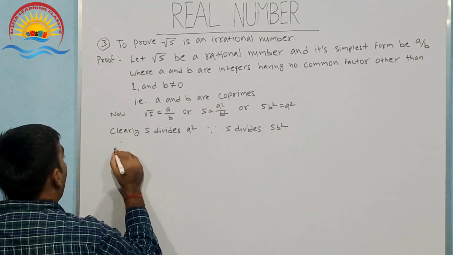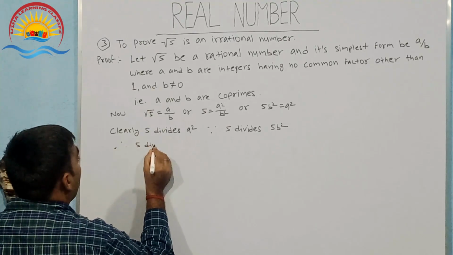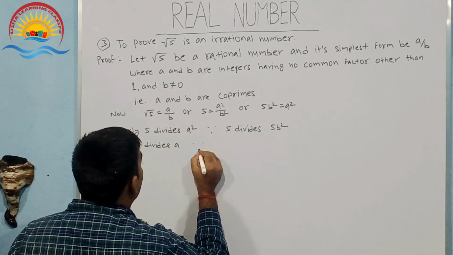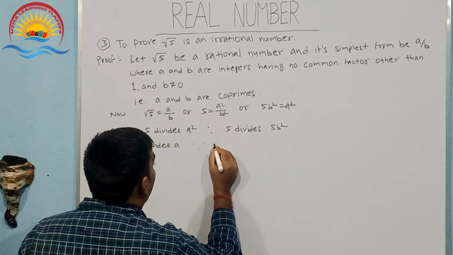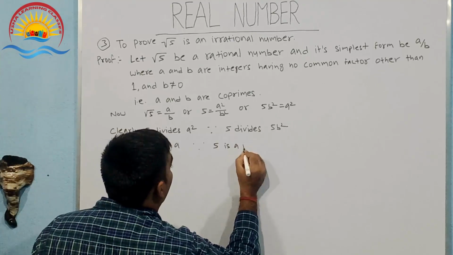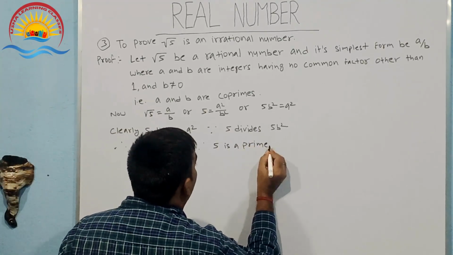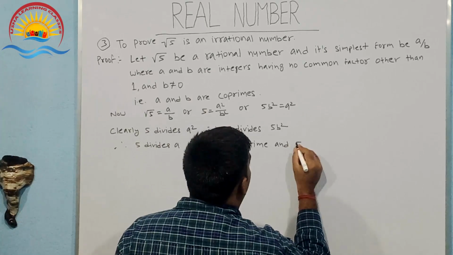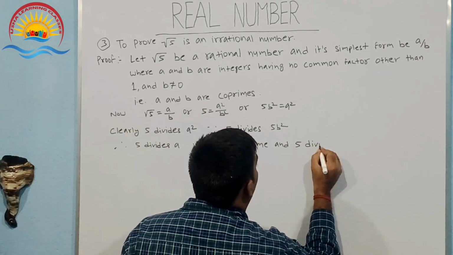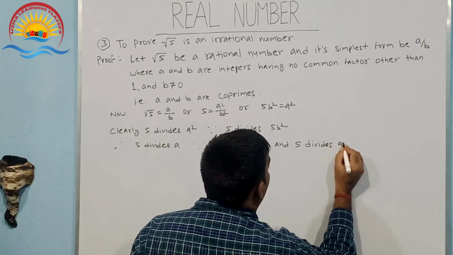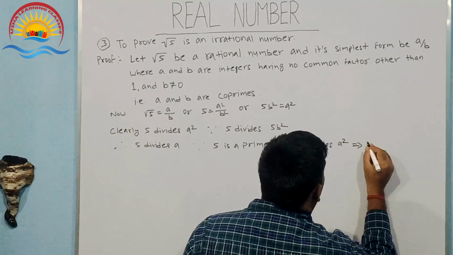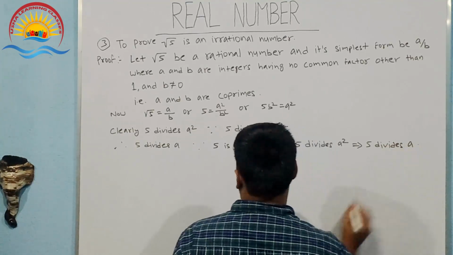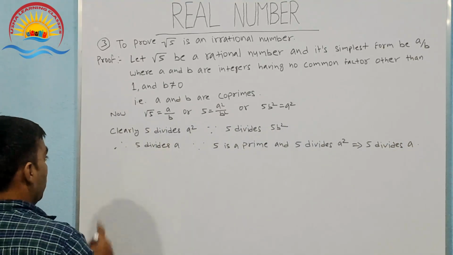Therefore 5 divides a, since 5 is a prime and 5 divides a square implies that 5 divides a. Clearly we see that 5 divides a.